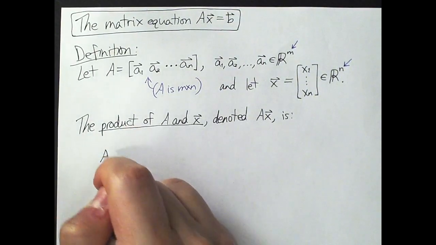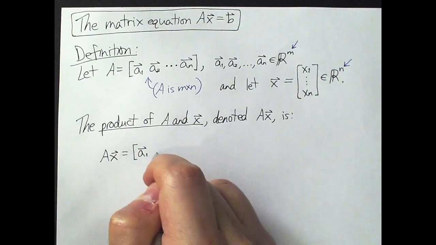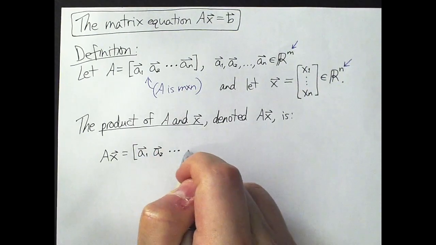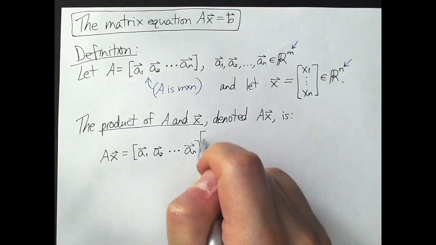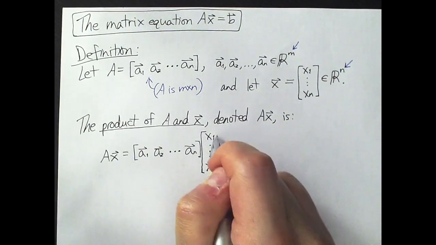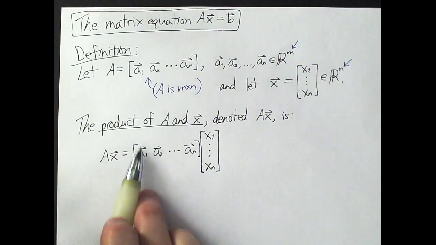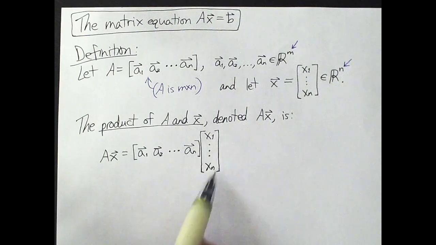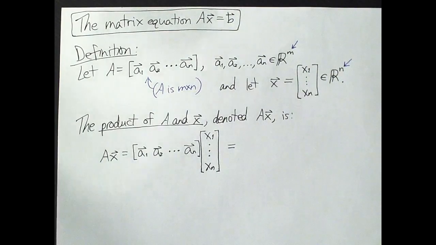We are going to say that it is AX equals. First of all, here's A. Second of all, here's X. Notice that each of the things that I wrote in A is a vector, so each of these is a column vector. So A could be a rectangular matrix, but X is just a single column. So what is it going to equal?